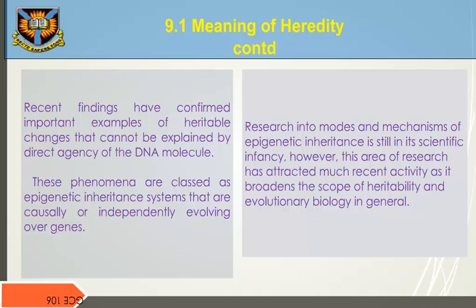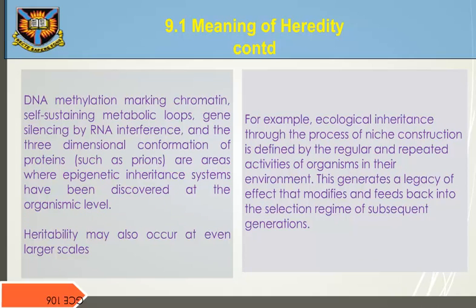However, this area of research has attracted much recent activity as it broadens the scope of heritability and evolutionary biology in general. DNA methylation marking chromatin, self-sustaining metabolic loops, gene silencing by RNA interference, and the three-dimensional conformation of proteins such as prions are areas where epigenetic inheritance systems have been discovered at the organismic level.